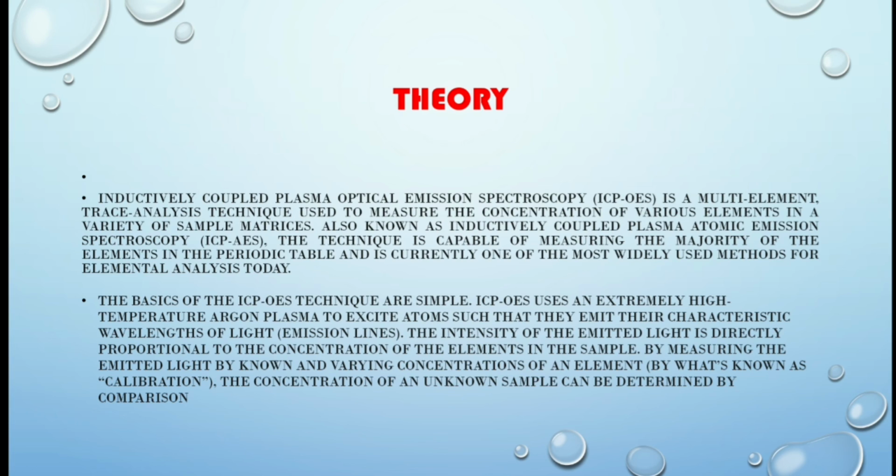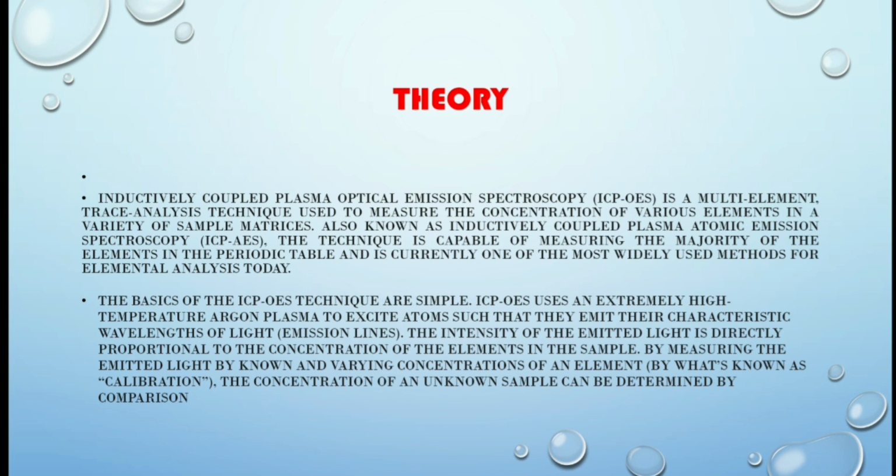The basis of the ICPOES technique is simple. ICPOES uses an extremely high temperature argon plasma to excite atoms such that they emit their characteristic wavelength of light, that is emission lines. The intensity of the emitted light is directly proportional to the concentration of the element in the sample.